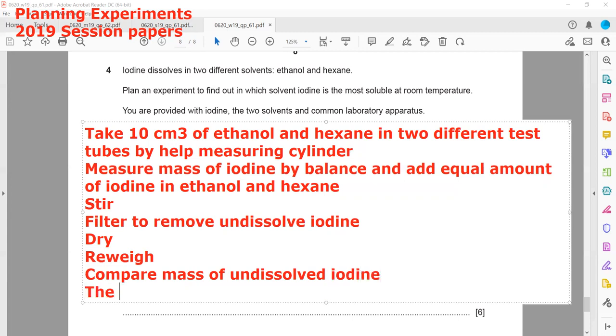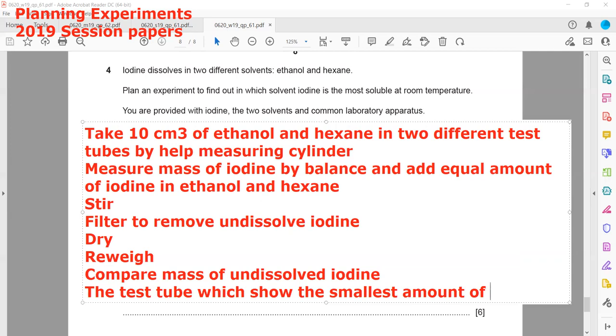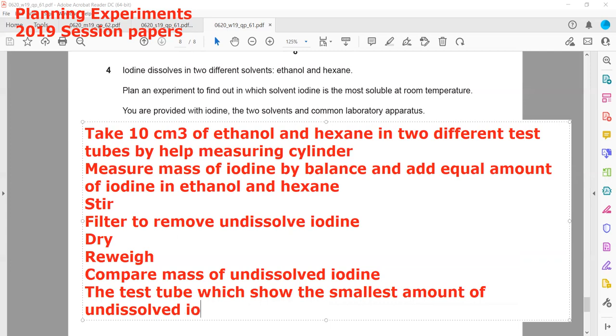The test tube which shows the smallest amount of undissolved iodine is the one in which iodine is most soluble.